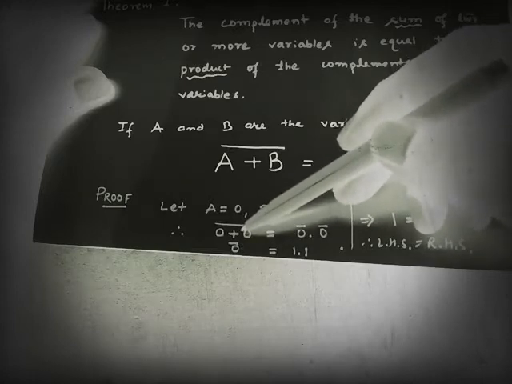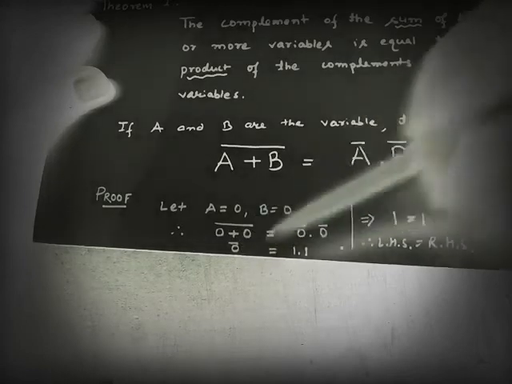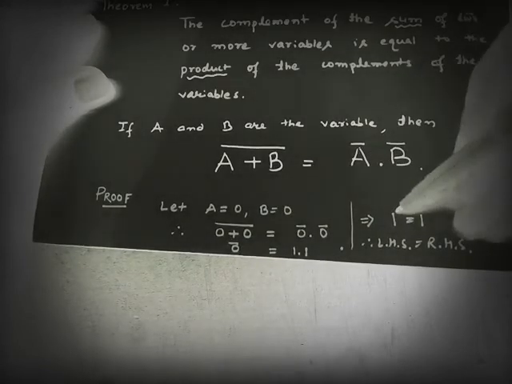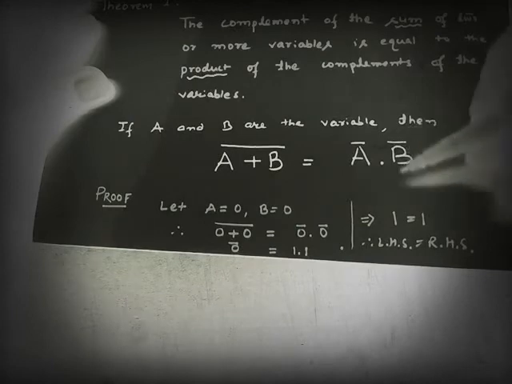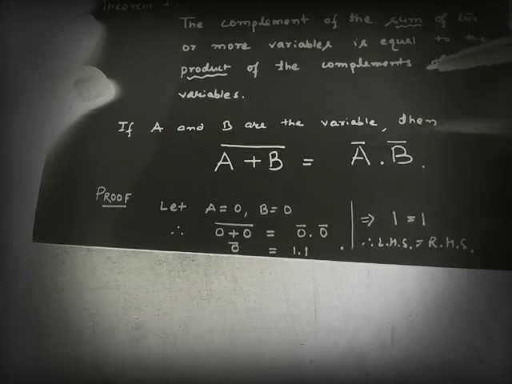This is the binary addition law: 0 plus 0 is equal to 0, and 0 complement becomes 1. As I stated before starting theorem 1, the complement is just the opposite of the variable. If the variable is 1, the complement will be 0, and if the variable is 0, it will be 1.